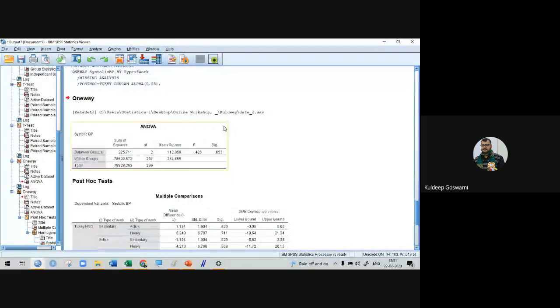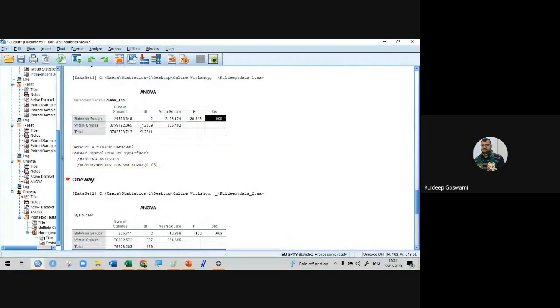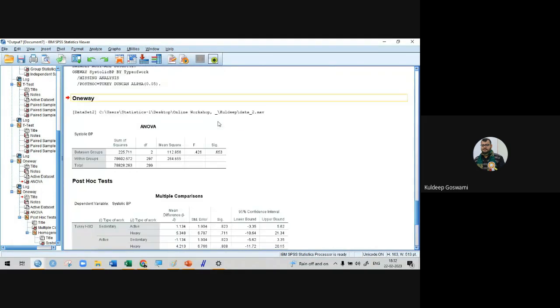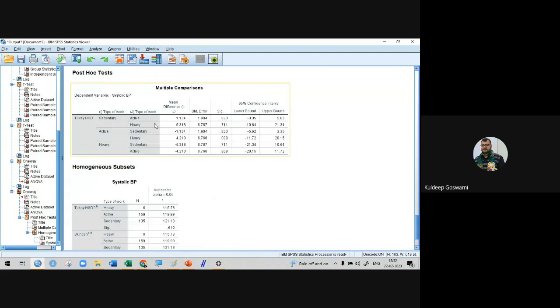If we see the original figure as a whole, the 3 categories show a significant value, but when we go to the post hoc analysis, we see that sedentary and active have no significant difference.